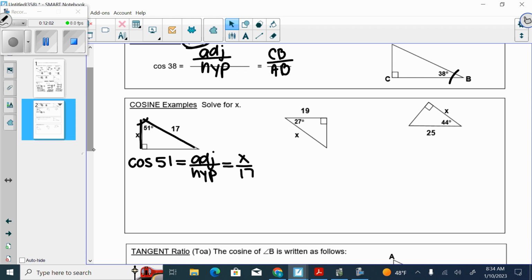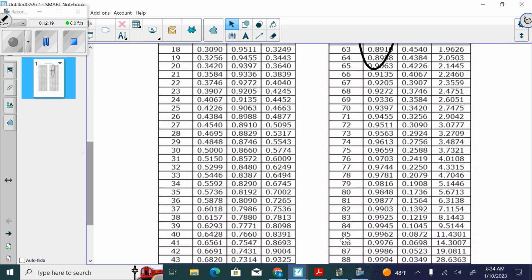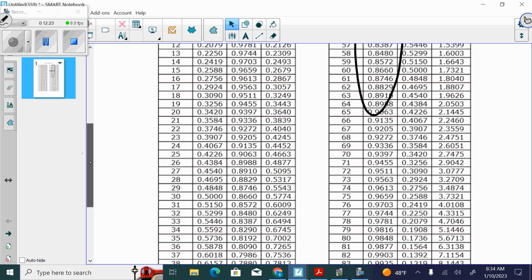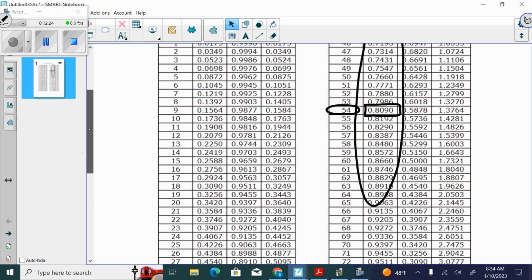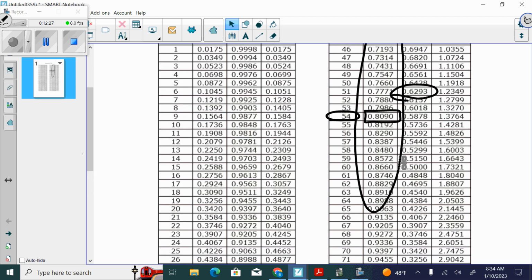Okay, so now we need to convert cosine of 51. So what is cosine of 51 as a decimal? Now, I do want to give you guys another option for this. So you can look on your chart here, 51, it's 0.629.